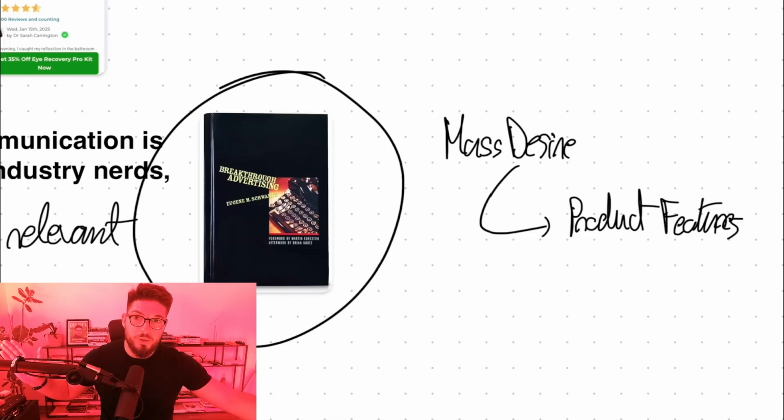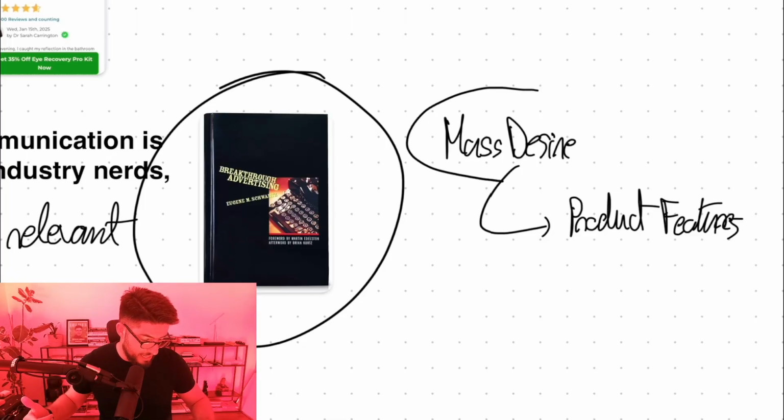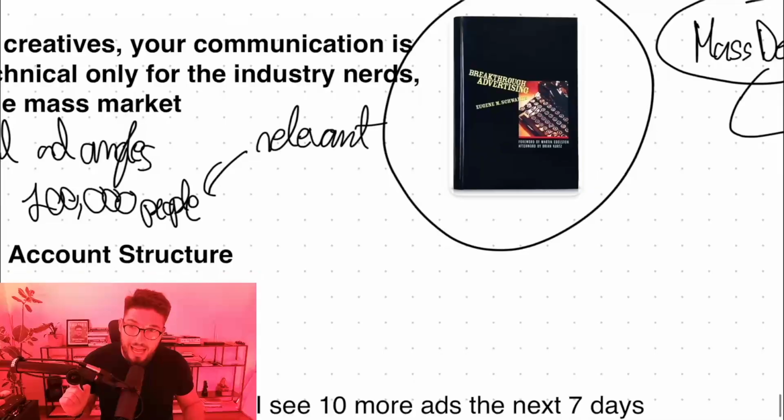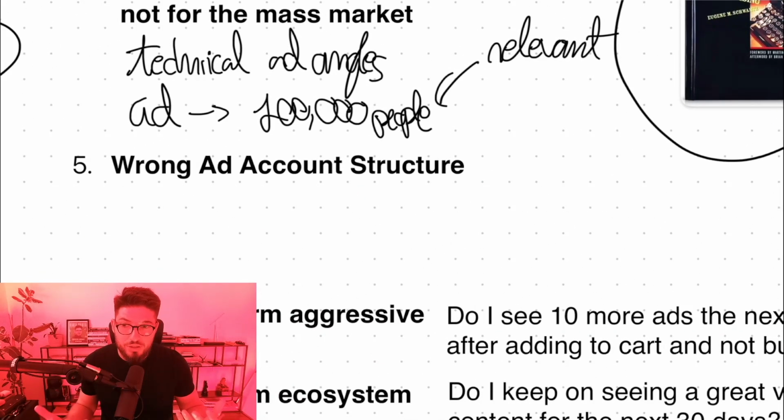That's completely different, right? Because I'm starting with a mass desire. So that means that these 100,000 people that I'm showing my ad to are gonna be interested, are gonna be hooked in, and after that I'm gonna pitch the vehicle. And the vehicle of change, in this case, is water that has a secret mineral. But it can be anything.